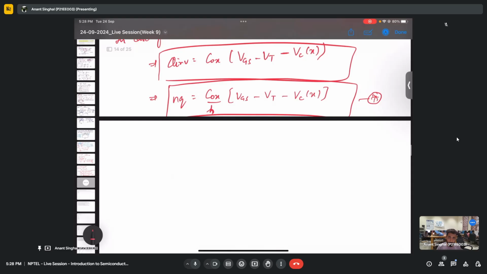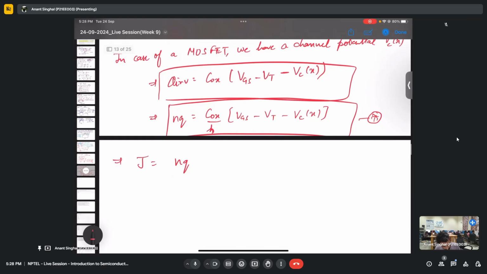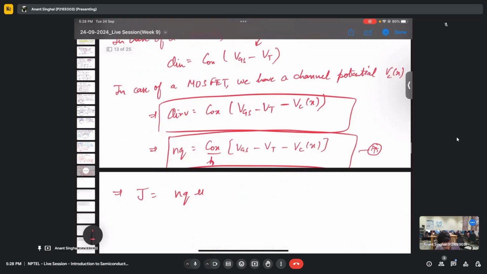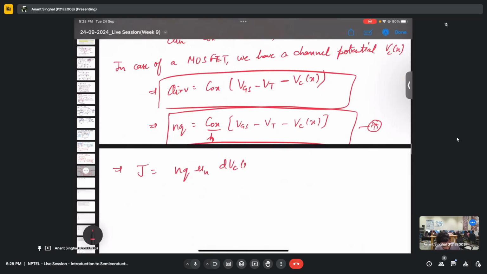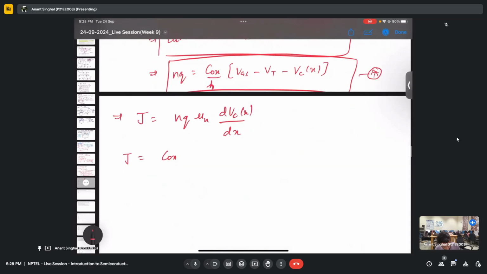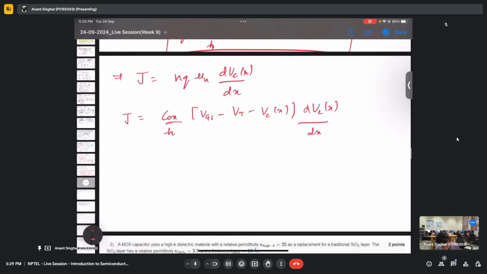Yes, sir. So now what I wrote previously was J equals nq mu n dVcx by dx. I've just replaced this nq by what we have got, Cox by H times VGS minus VT minus VCX, and dVcx over dx.